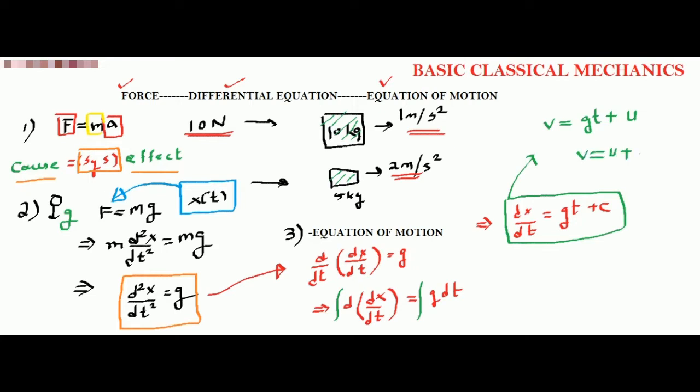You already know the meaning of this equation. If a ball is moving with an acceleration a, then after time t, the velocity will be v, given that you have to add the initial velocity. If the initial velocity is given, you have to add it, or else take this as 0. Agreed? So this constant c is nothing but your u, the initial velocity. So instead of writing c, which is an integration constant, we now know that c is u. So let me write u.